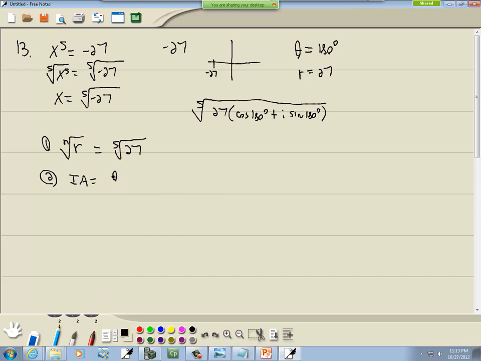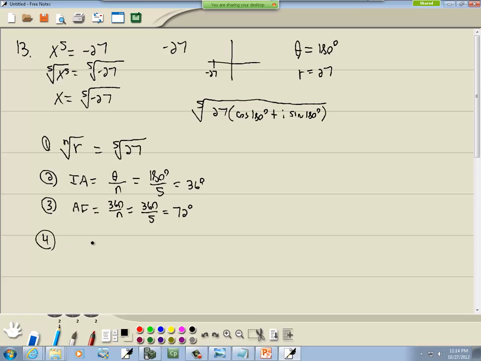So we're going to have theta, that's our initial angle, divided by n. So we've got 180 degrees divided by 5, which gives us 36 degrees. So 36 degrees. Now our add factor is going to be 360 divided by n. So we'll have 360 divided by 5, which gives me 72 degrees.